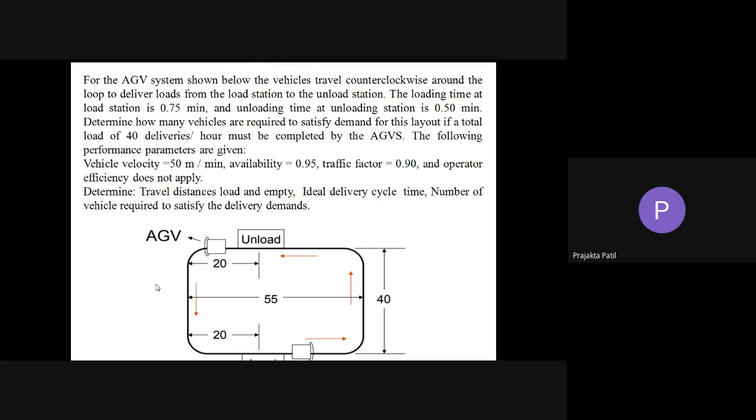This is a problem statement for the AGV system shown below.